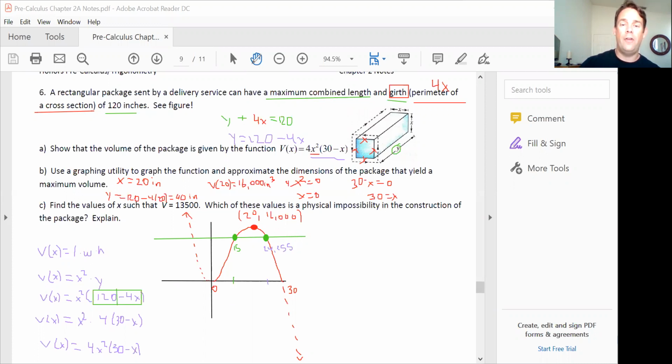So the two values of x that are good are x equals 15 and x equals 24.255. That's when the volume is 13,500.